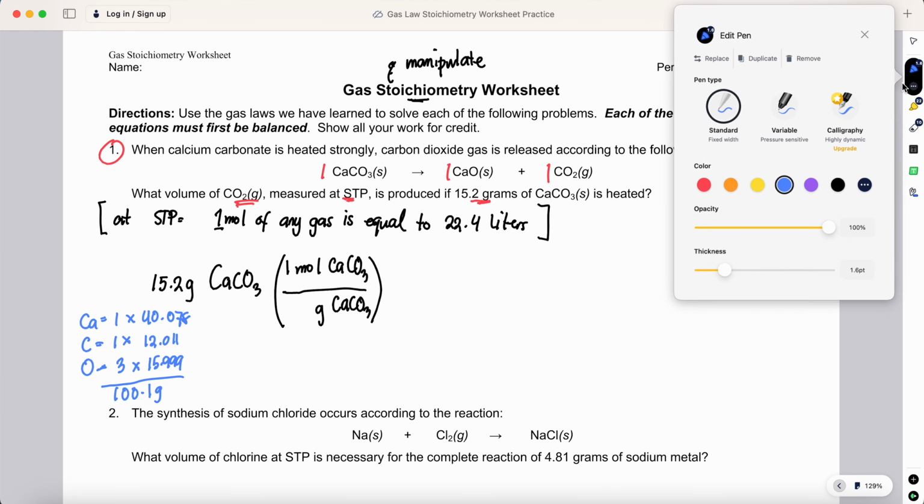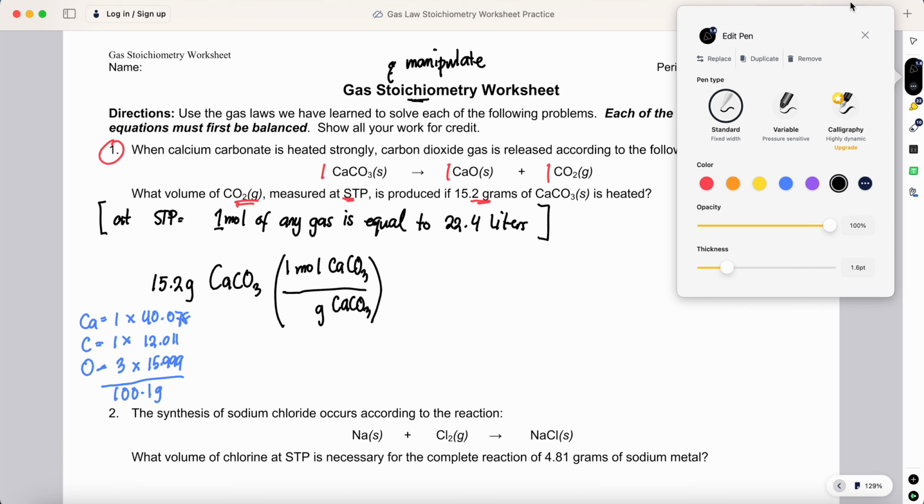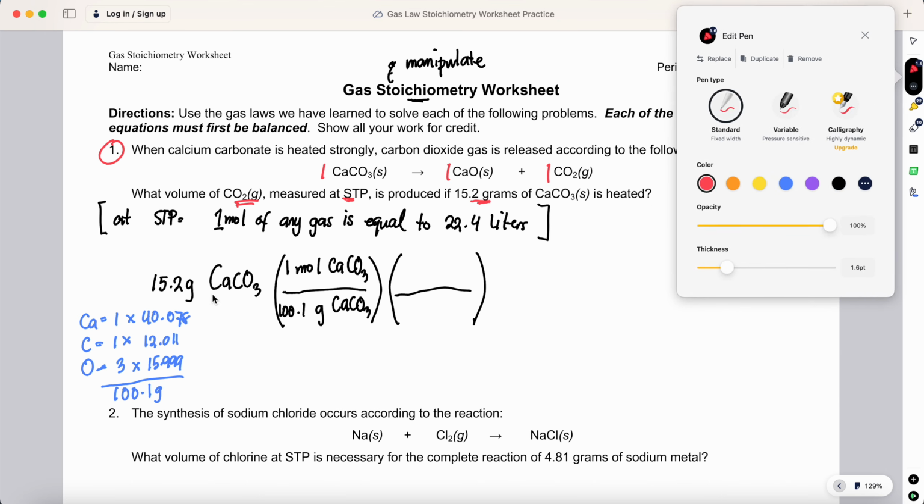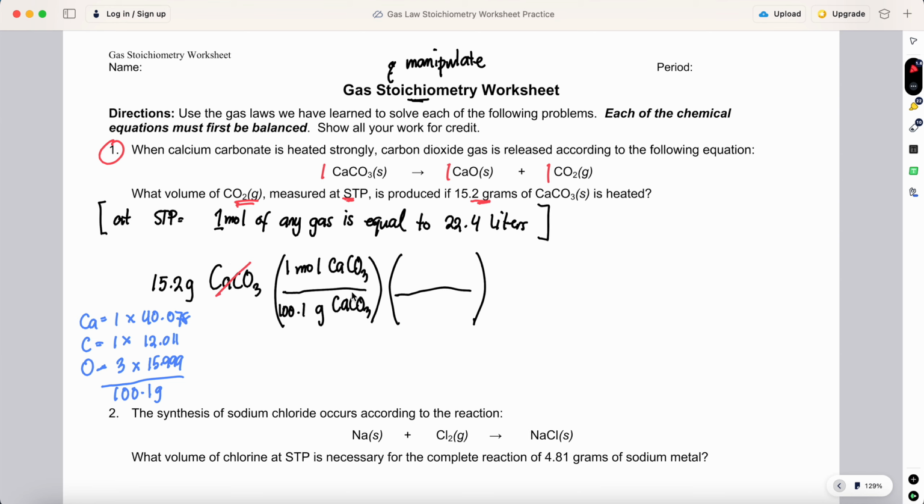So we put 100.1 grams of CaCO3. The second term, we should be looking at the given moles from the balanced equation. That is why it's very important that we balance the equation first. So we want to cancel out CaCO3, right?